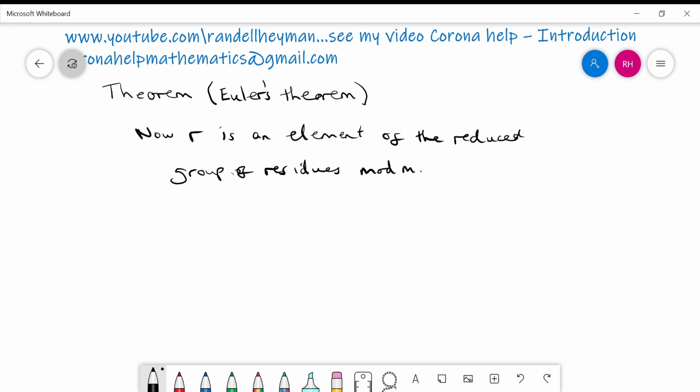So now what does this mean? Well, the group of residues mod m is, we would start with a set and we'd go 0, 1, 2, up to m minus 1. And because it's a group, we would normally have addition, and we would say that addition is addition modulo m. Now that's all come from this word here, group.